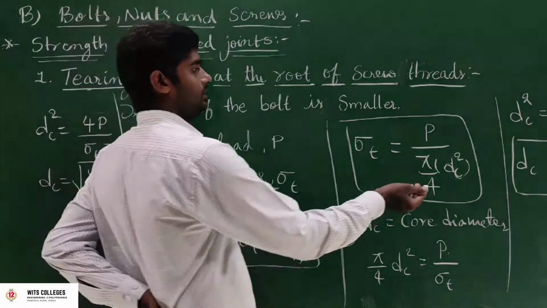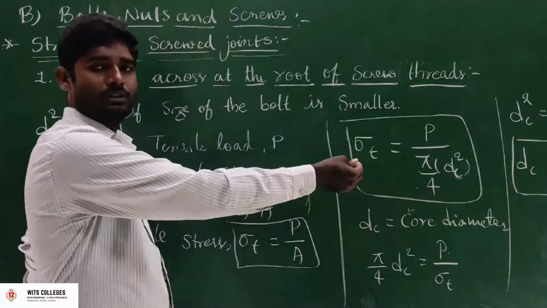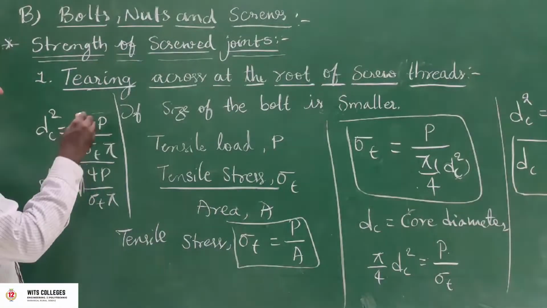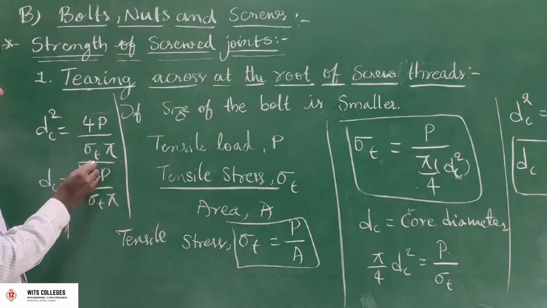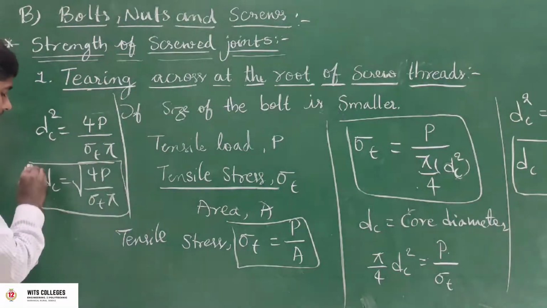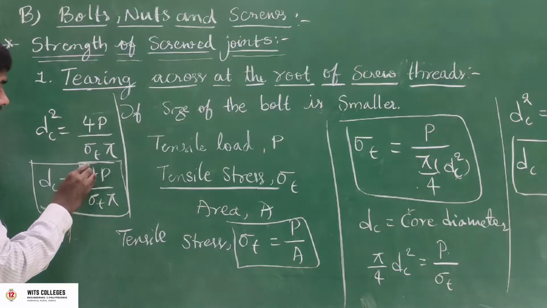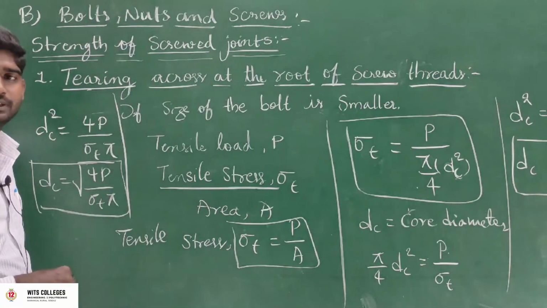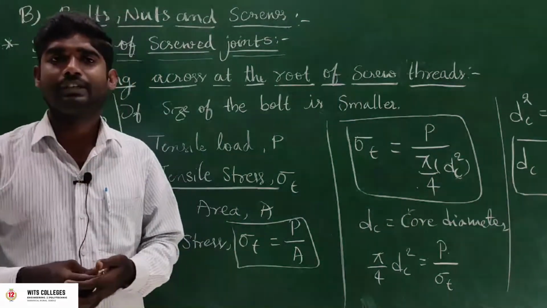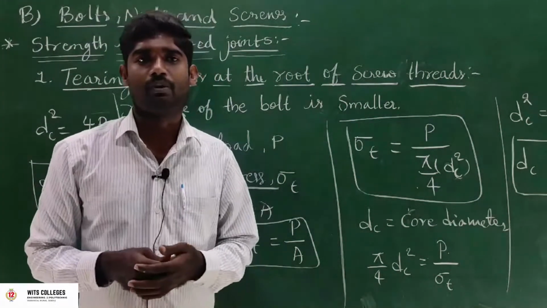On this side you cannot see it, that's why I am writing again. Already I told you dc square is equal to 4P by pi sigma T, and the last equation is dc equal to under root 4P by pi sigma T. Using this equation, next we will find out some of the problems.